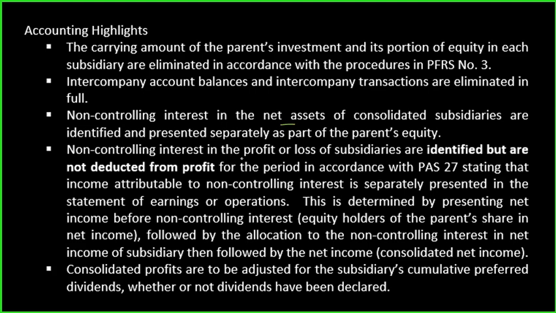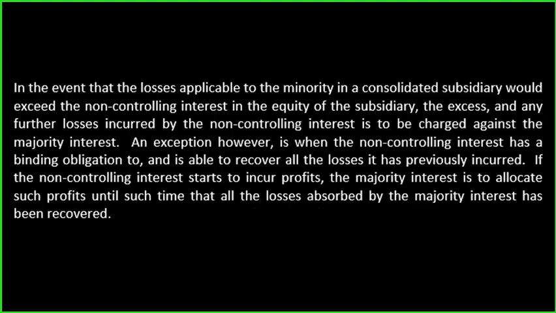Also, you were able to establish the NCNIS, the share of the minority interest in the income of the subsidiary. In the consolidated profits, they are adjusted for the subsidiaries' cumulative preferred dividends kung meron, whether or not dividends have been declared. Pero in this case, wala po tayo preferred dividends.